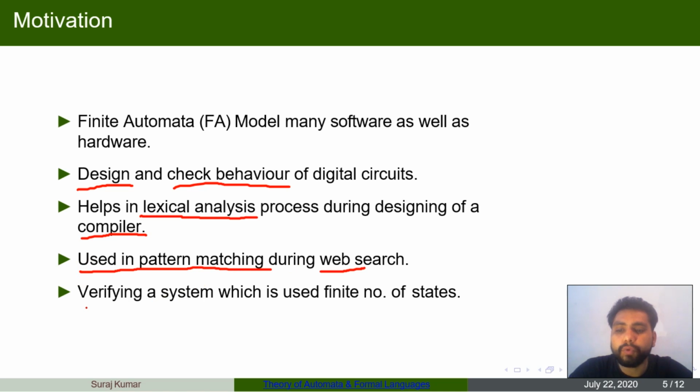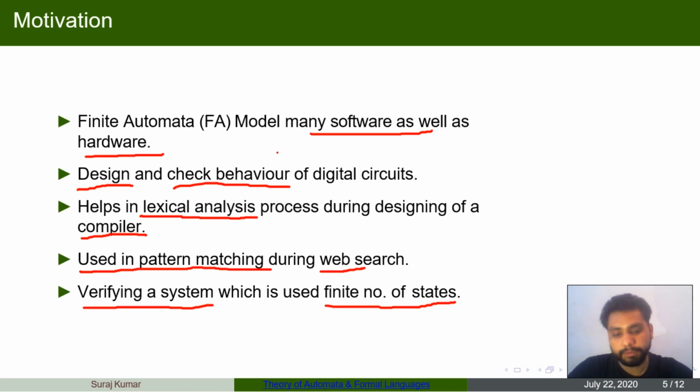You can also verify a small or large system using a finite number of states. This is the main motivation behind this course: you can model any software or hardware before the actual design. That's why we are studying this course.